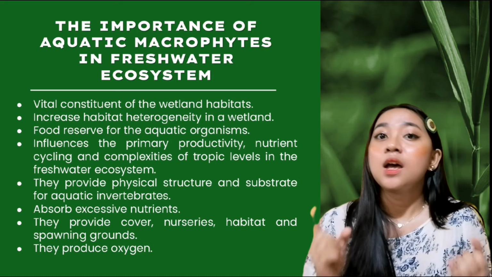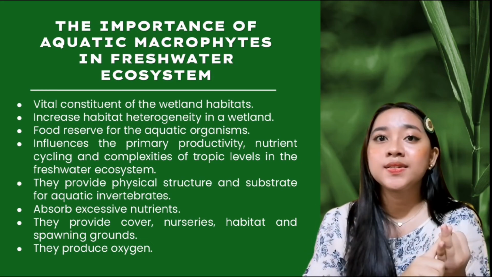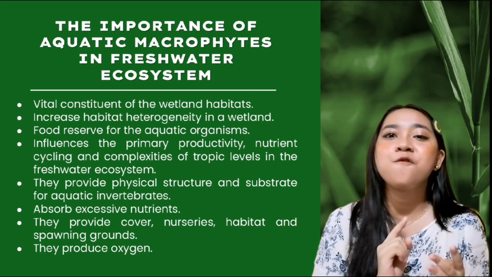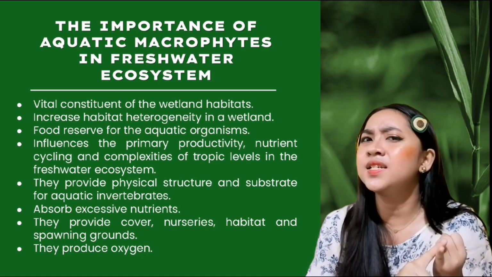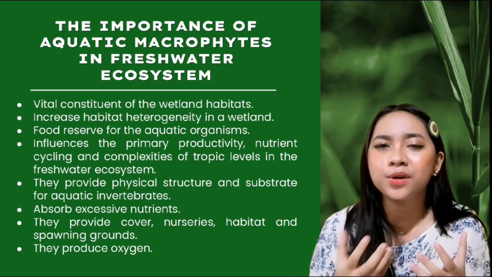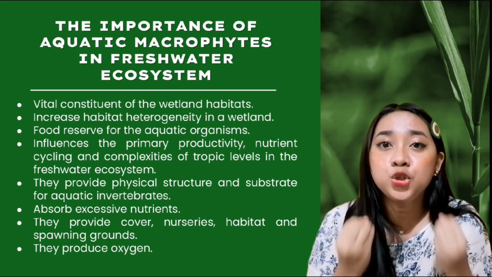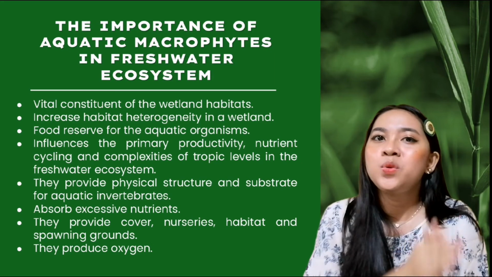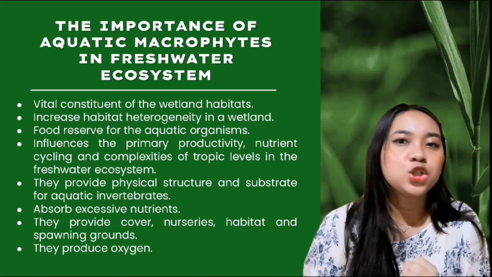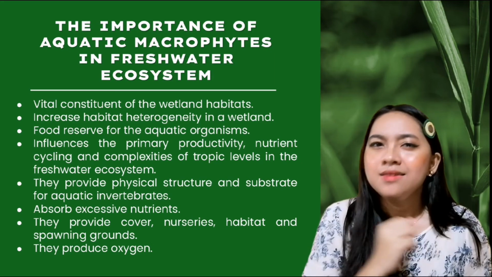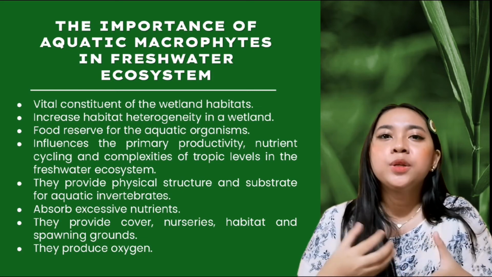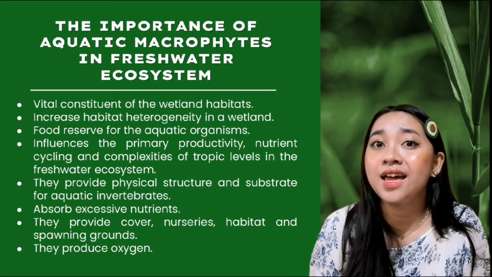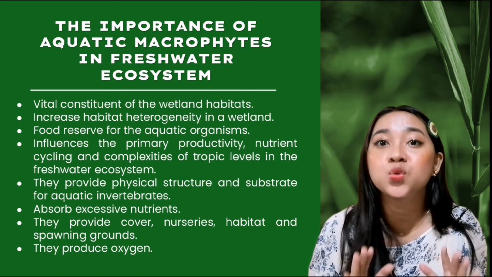They provide cover, nurseries, habitats, and spawning grounds for fishes, amphibians, zooplanktons, and other aquatic organisms. They produce oxygen and act as a link between the littoral and pelagic zones. Thus, they are essential for the proper functioning and balancing of a healthy and attractive freshwater ecosystem.